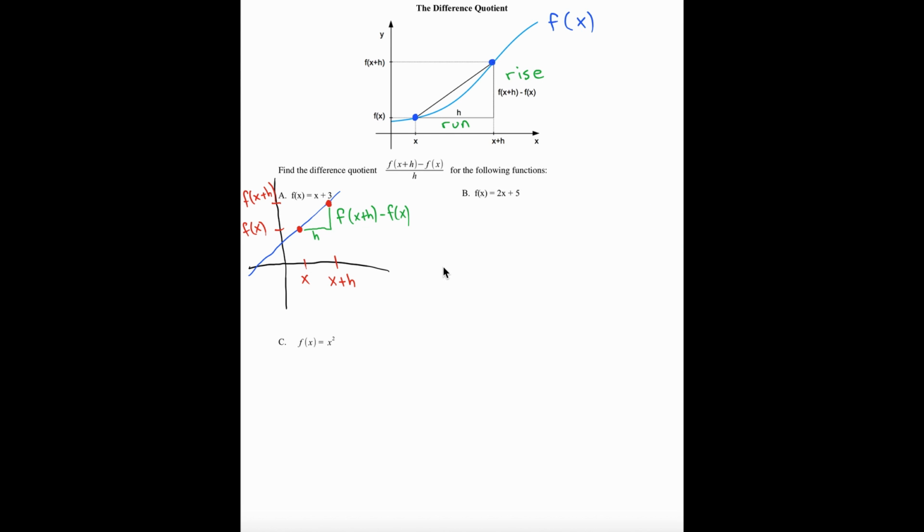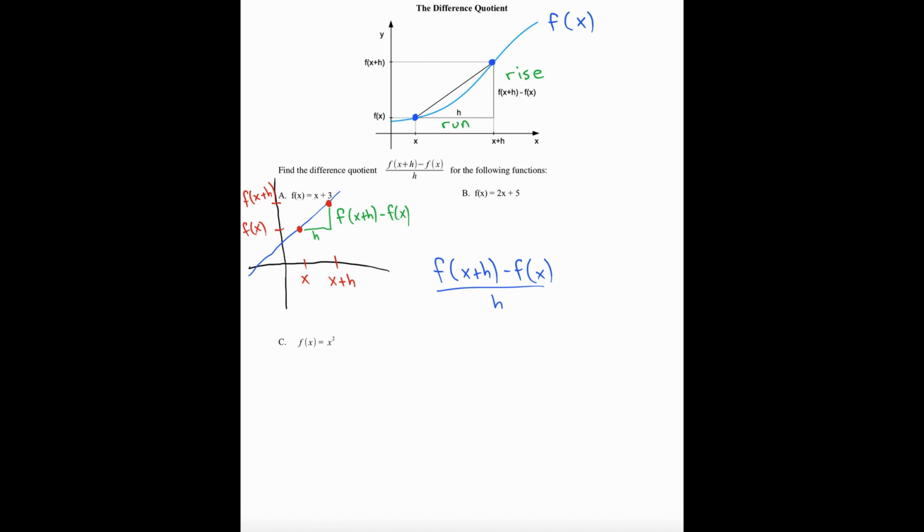Okay, so our goal here is to plug into the difference quotient, which says f of x plus h minus f of x over h. But we don't want to just leave it as a letter f. We want to use the actual function that was given. They said f of x equals x plus 3.